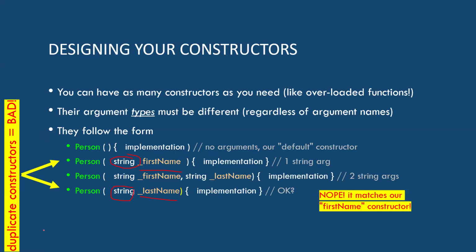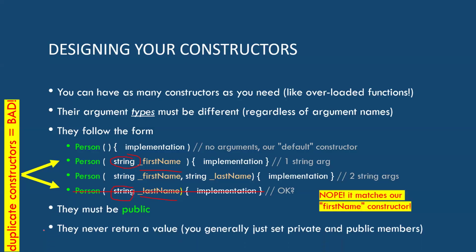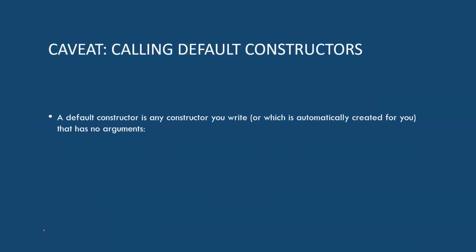So if we tried to create an instance of a person with just one string argument, how does C++ know which of these to call? That's why it complains. It's like, hey, I can't tell what you want me to do, and I'm not going to flip a coin. So that's where the compiler kicks in and says, that's bad. So we just can't do that, okay? So that's just a little heads up. Probably won't run into that too much.